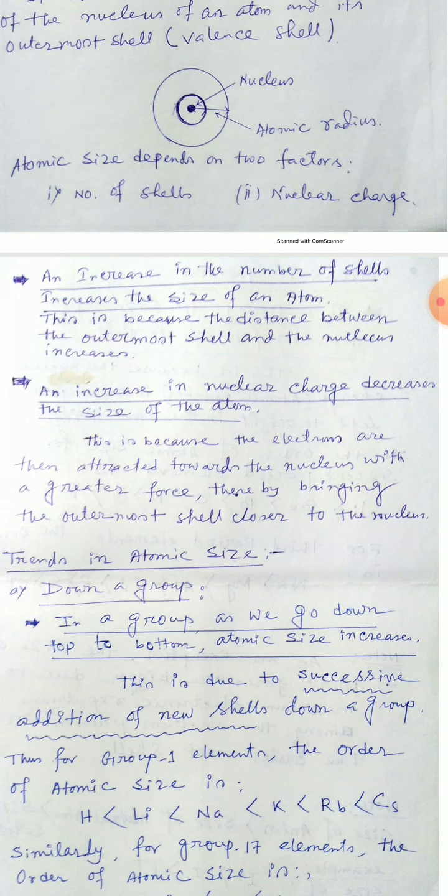This is because on increasing nuclear charge, the force of attraction between the nucleus and the valence shell electrons increases, therefore the outermost shell comes closer to the nucleus. That's why size decreases.